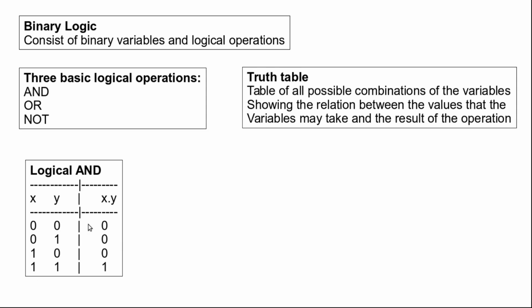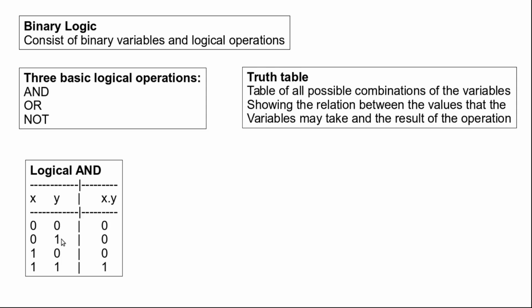Now from the truth table we can see that whenever any of the variables is 0, the output x and y will be 0. For example, x is 0 and y is 0, x and y will be 0.